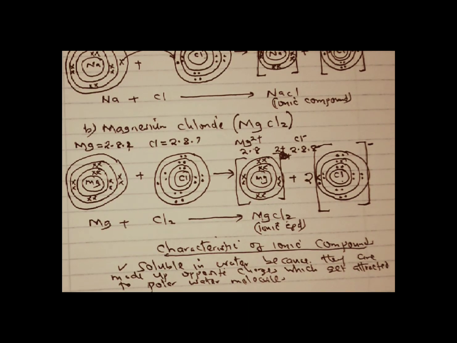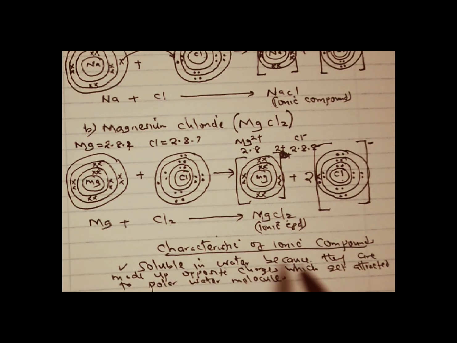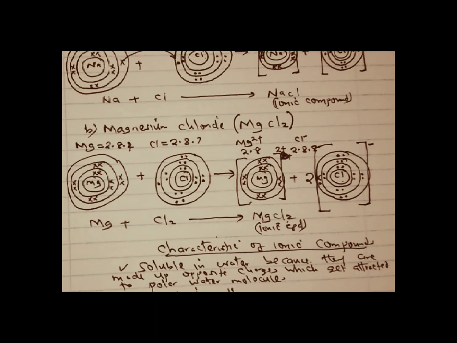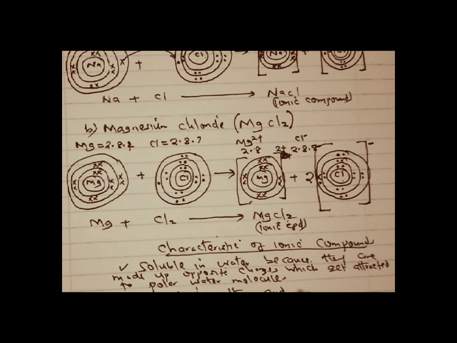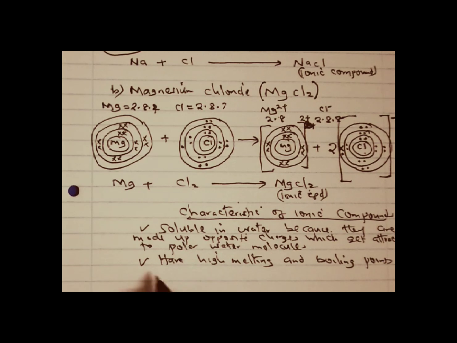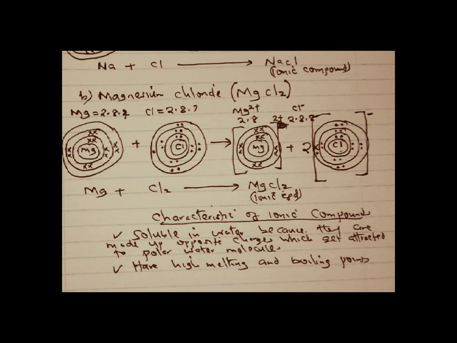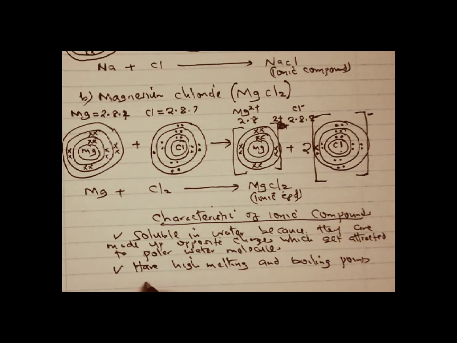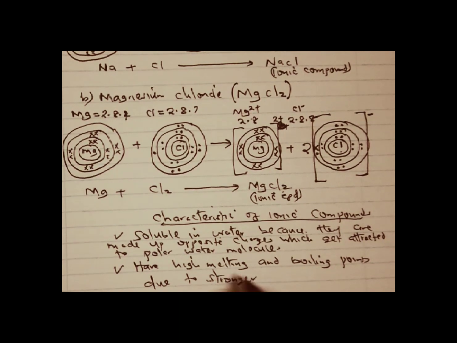Number 2, we say that ionic compounds have high melting and boiling points, and this is due to the stronger ionic bonds.